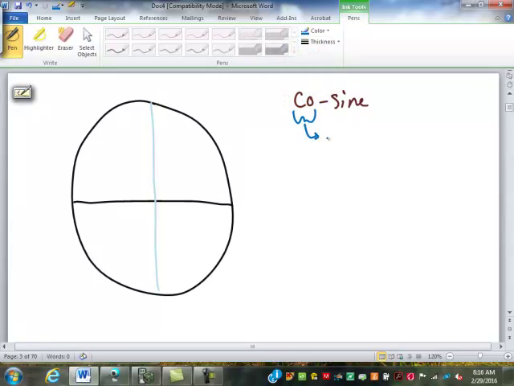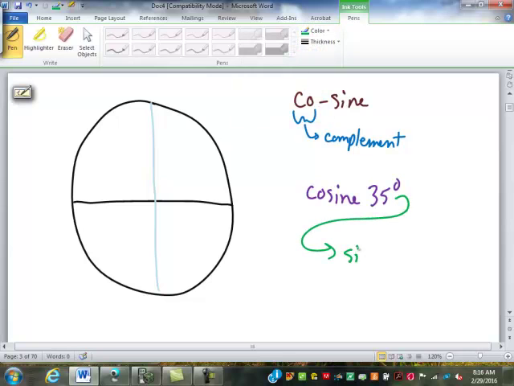Co stands for complement. Cosine of 35 degrees is really asking me for the sine of, what's the complement of 35? 55 degrees. Where did I get 55 from? 90 minus 35. Cosine is asking for the sine of the complement.